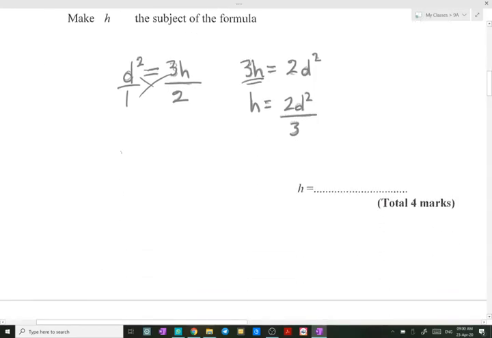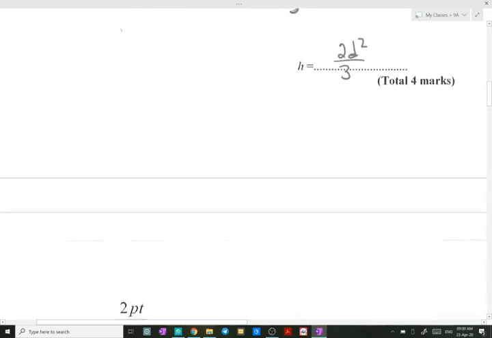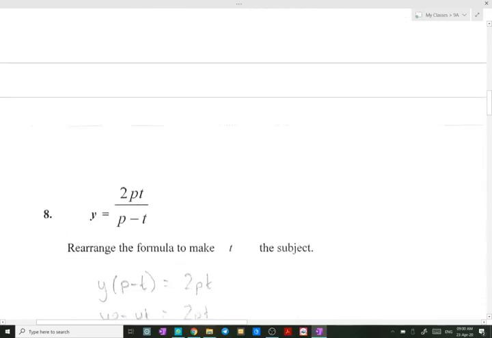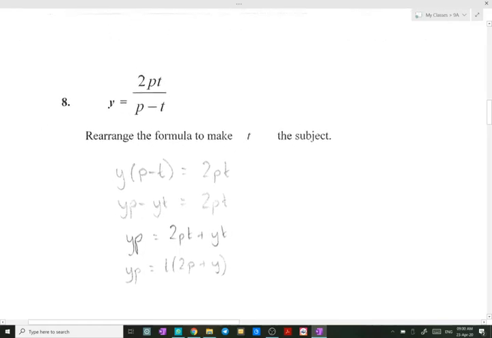We continue. Now it's good if we write the answer in the space provided. In number 8, we have this formula, and we need to rearrange the formula to make t the subject. So if you see that this is a fraction, I can make y also a fraction by putting 1 under it.